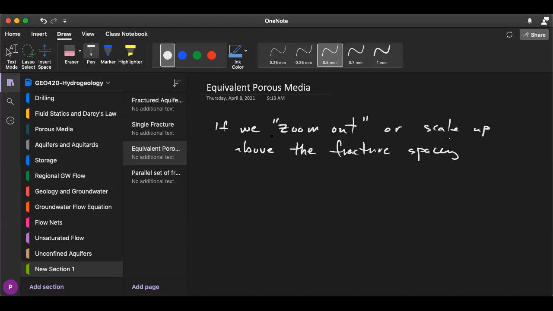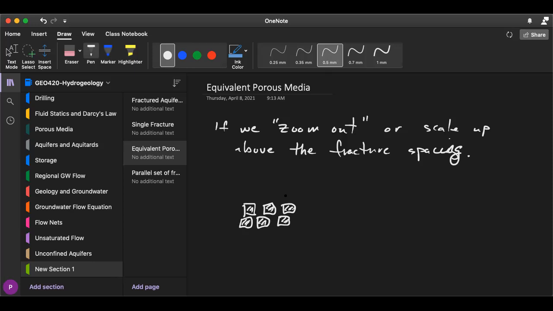So if our fracture spacing is on the order of a meter, but we start considering groundwater flow over kilometers, we're at a much bigger scale than the fracture spacing. And when we do that, we end up with little blocks of matrix separated by fractures.